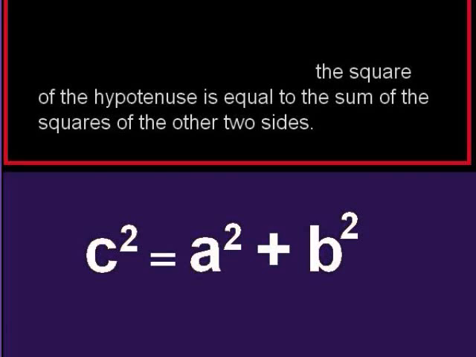The Pythagorean theorem is a very simple and very helpful mathematical formula used by carpenters, among other people, to very quickly and easily determine if the foundation of your building is square.